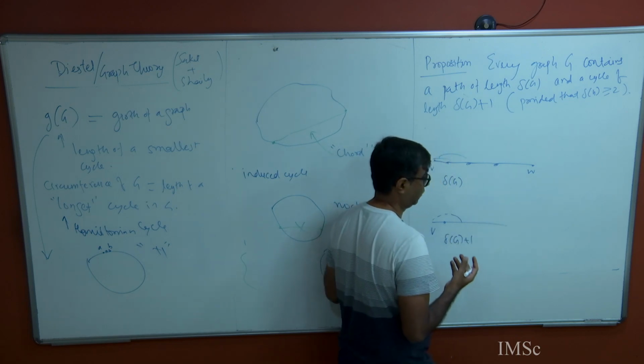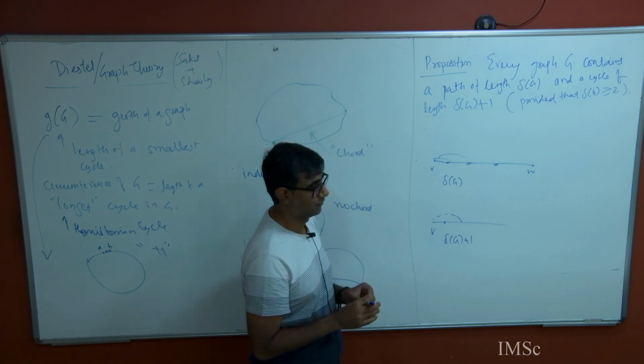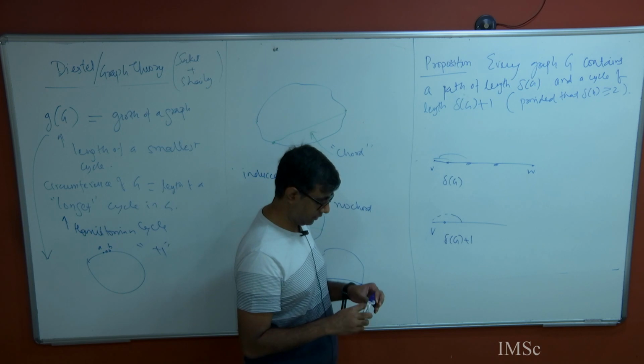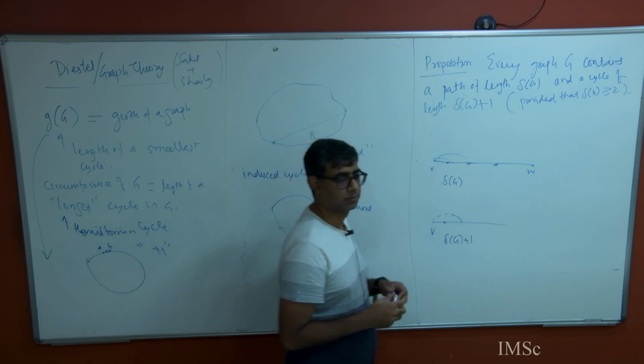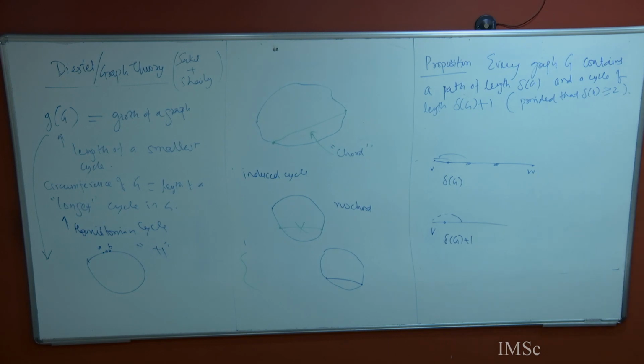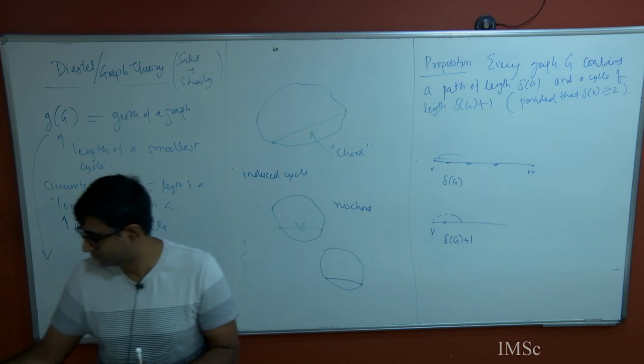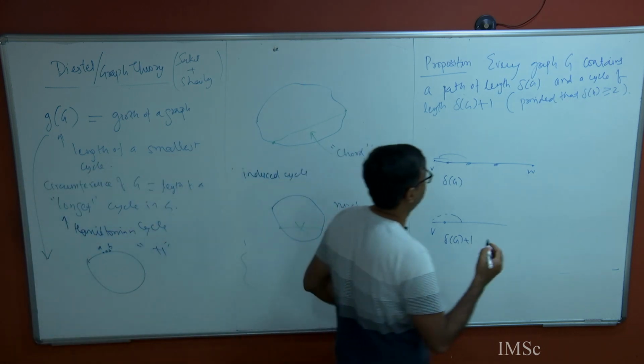Okay, let me ask you funny questions. Do you think you can find this path in polytime? It's like just start at any vertex and greedily extend it, right? Okay. But then I can ask a very cute question.